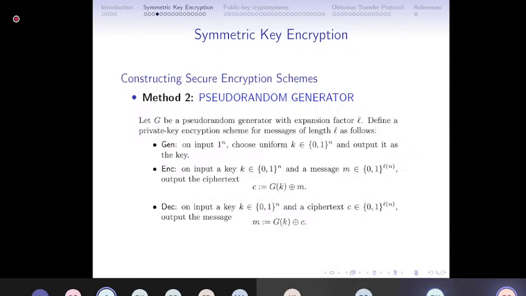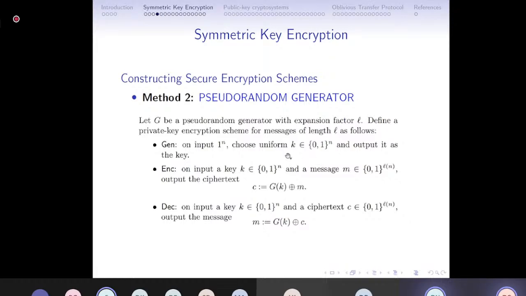As the pseudo random generator converts a small bit input into a large bit output, in this way we can minimize the key length. So first, in order to encrypt a message using a pseudo random generator, we generate an n length key using uniform distribution.